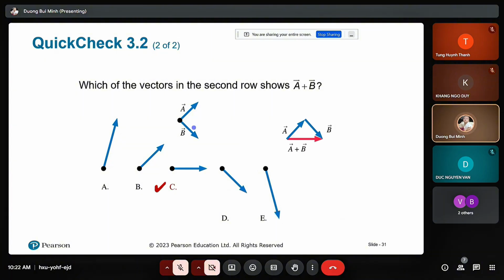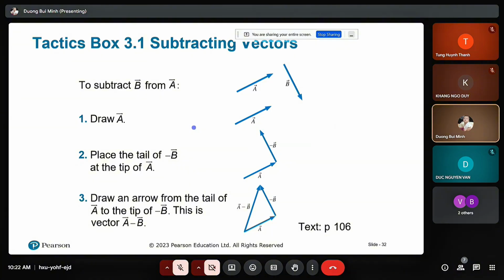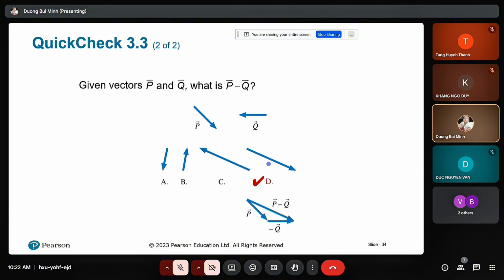This is A plus B. Now, to subtract B from A, we first draw vector A, and then place the tail of minus B at the head of A. Anyway, we studied this before.